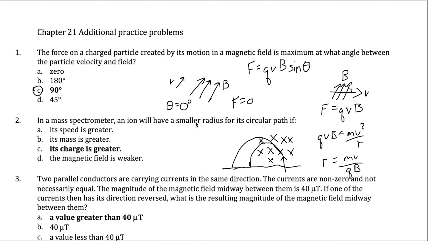So the smaller radius is going to be for a greater charge, right? If you make q big here, then r will be smaller. If you made speed bigger for part A here, then r will be bigger. If you made m bigger, r will be bigger. If you made b smaller, r would be bigger. So making q bigger is the only choice out of these that will make the r smaller.